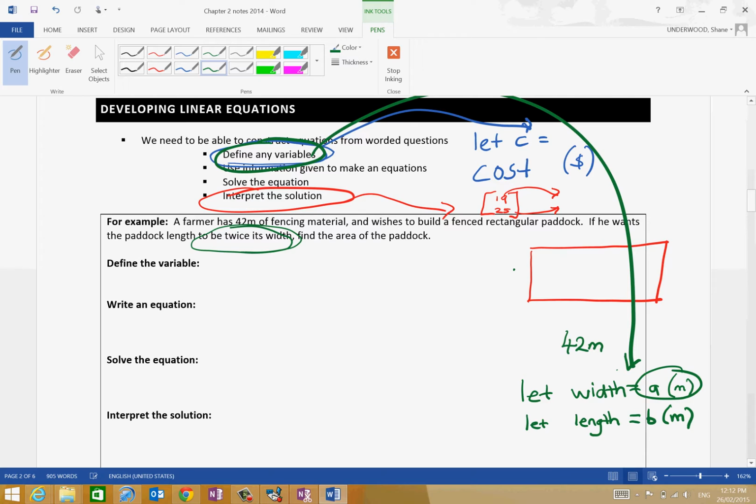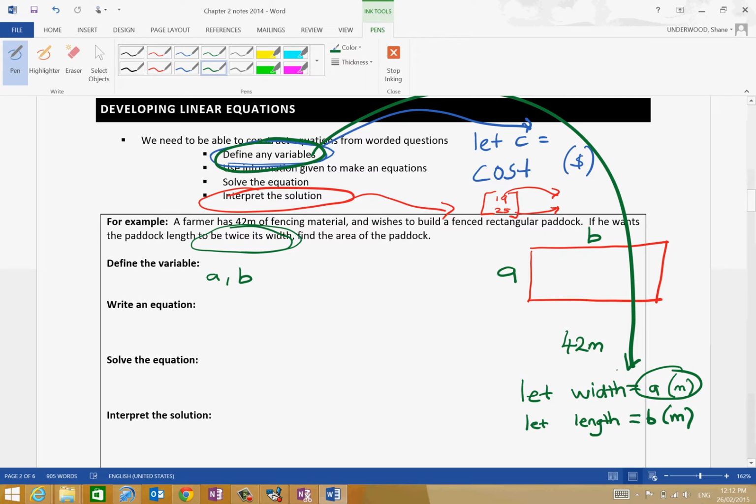So now let's do this. We're saying the width is A, but it says here the length is to be twice its width. So we're going to call this the width. This is A, and the length is twice the width. Now, we know that that's B. All right. It says find the area of the paddock. We've defined the variables A and B already. Write an equation.